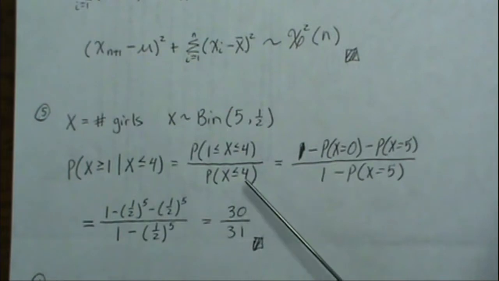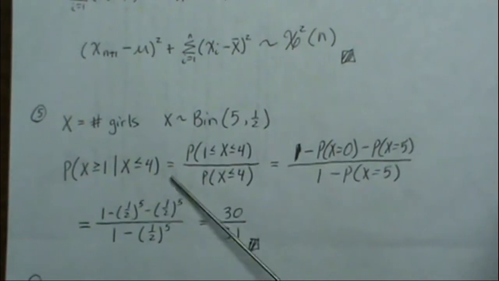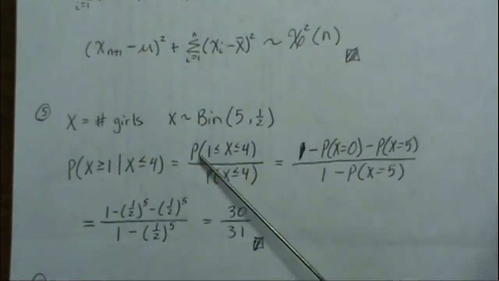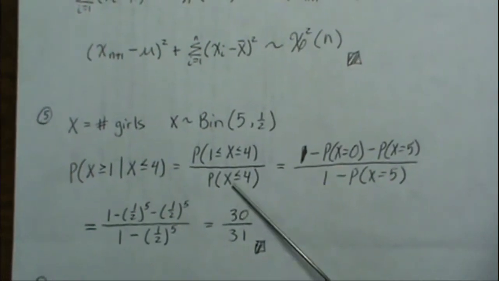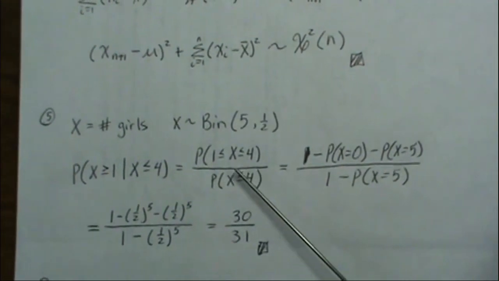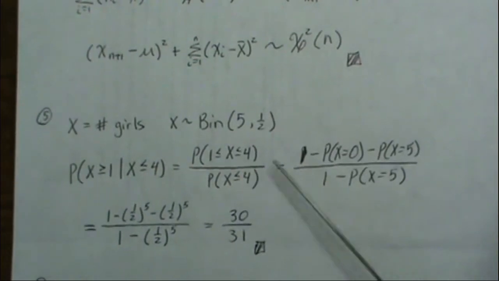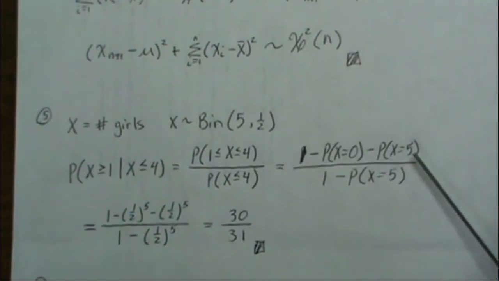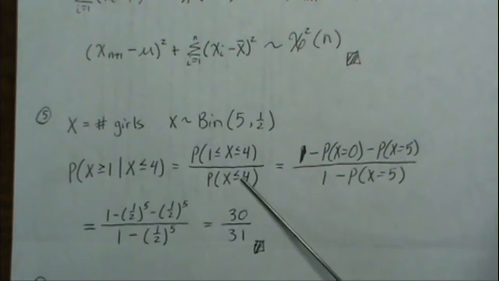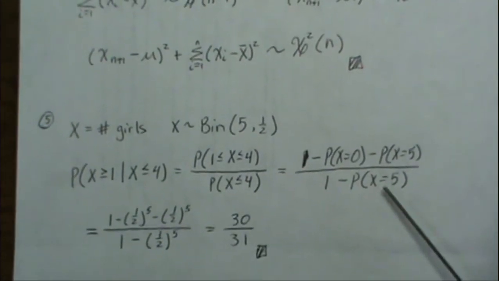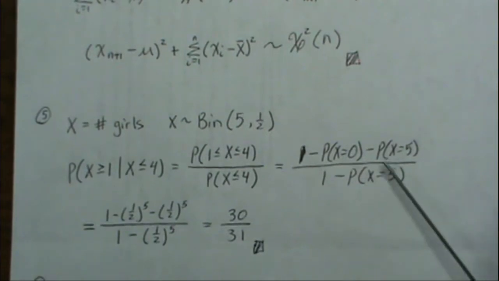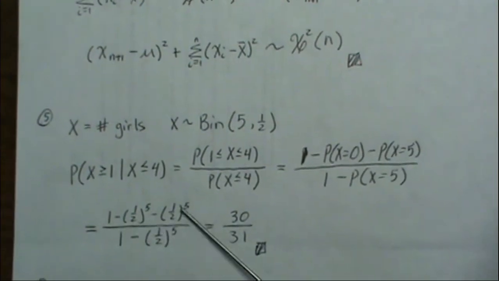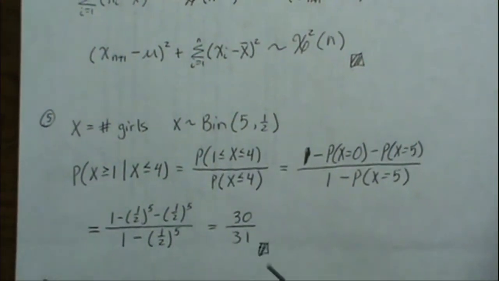So the conditional can be written as the joint over the marginal, and then it's easier to take the 1 minus. This is 1 minus x equals 0 and 0.5, and then this is 1 minus x is 5, so 0 and 5. And then we just plug in the values into the binomial, solve it, we get 30 over 31.